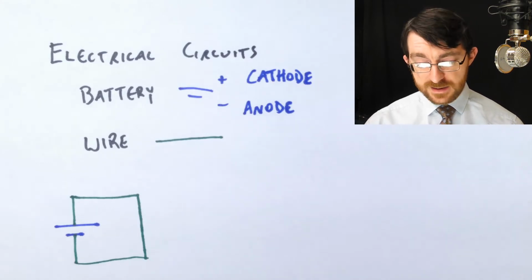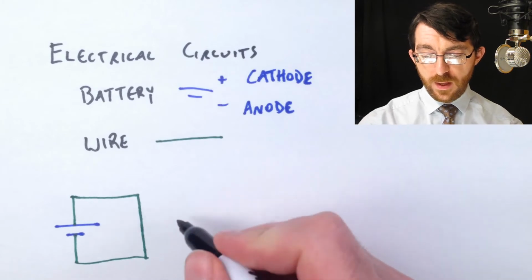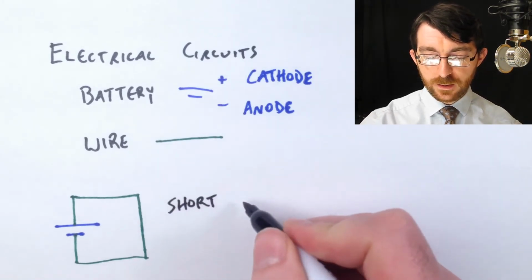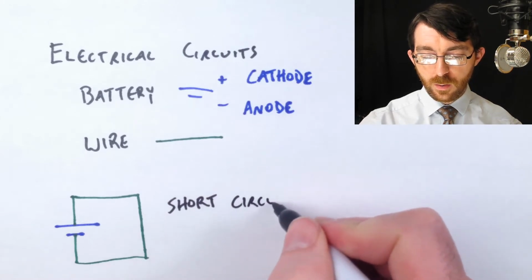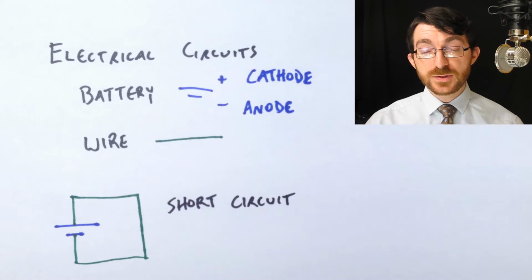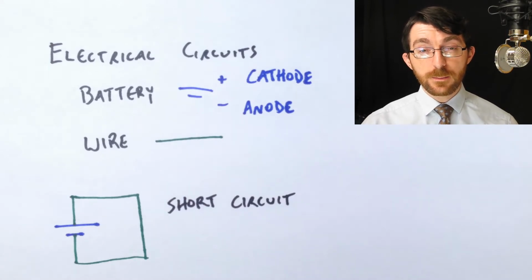It's not a good idea, and here's why. When you have the positive post directly connected to the negative post, we call that a short circuit. A short circuit is one of those terms that, in pop culture, refers to something breaking or going wrong.